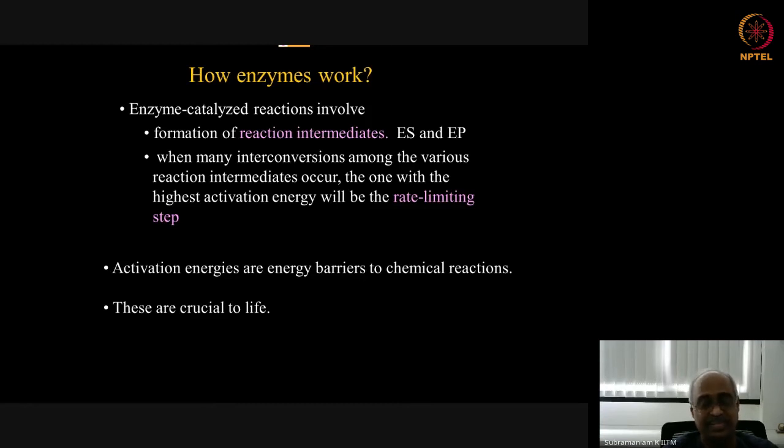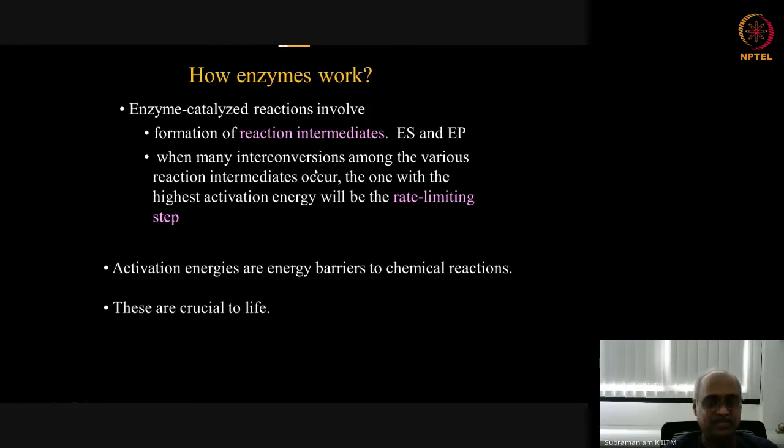So this is not equal to free substrate. So in that sense, it is an intermediate. And as a result of those constraints, certain bond breaking and joining have been made possible. So it moves from ES to EP. And these two are reaction intermediates.